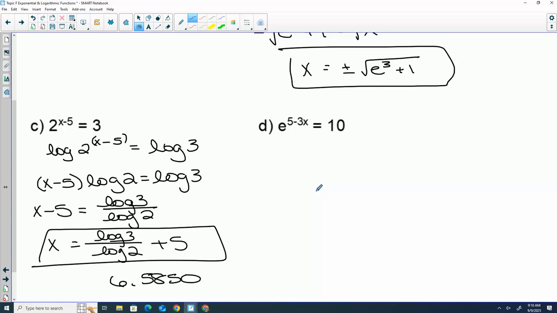Last one. So we can't get a common base. We can add a log, any log we want. If we have e's, what log did we typically do?